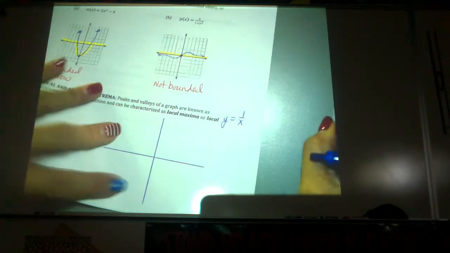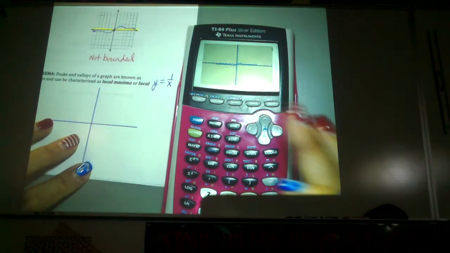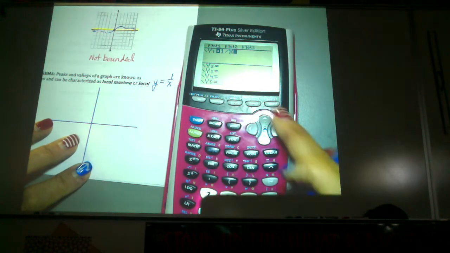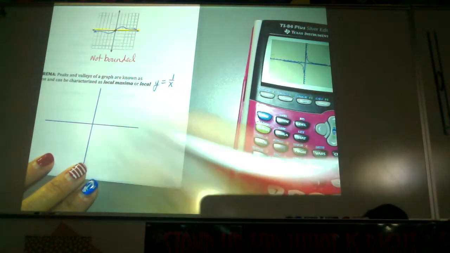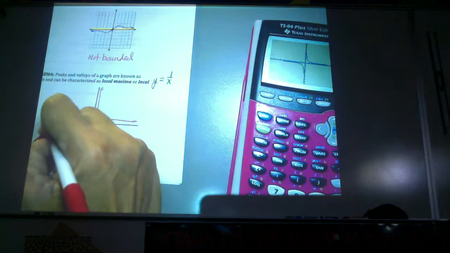So let's just plot 1 over, I'm going to do zoom standard again. Let's plot 1 over x. Seems innocent enough. What's it hugging? The x and y axis. So it's over here and over here.